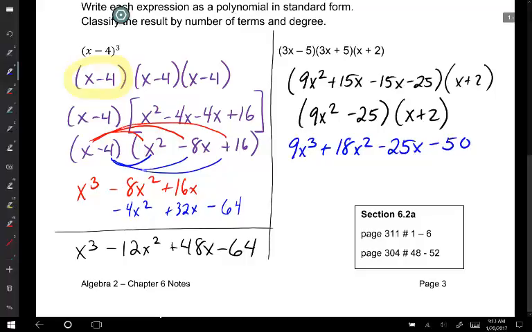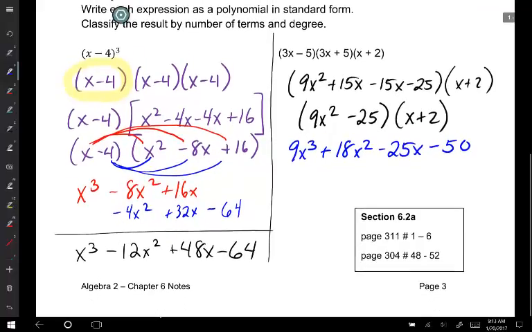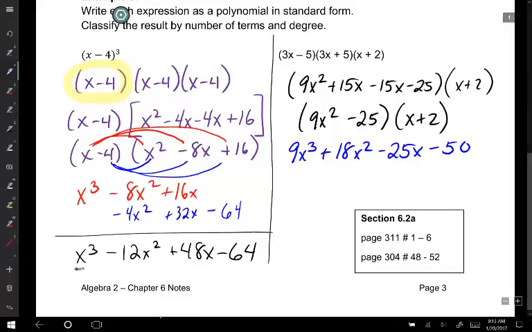Is that in standard form? Yes. All right. Now, the instructions at the top said classify our results by terms and degrees. So let's go back to the first one. What is the degree of this left-hand polynomial? Cubic. All right. And it is a what kind of polynomial? Just a polynomial.